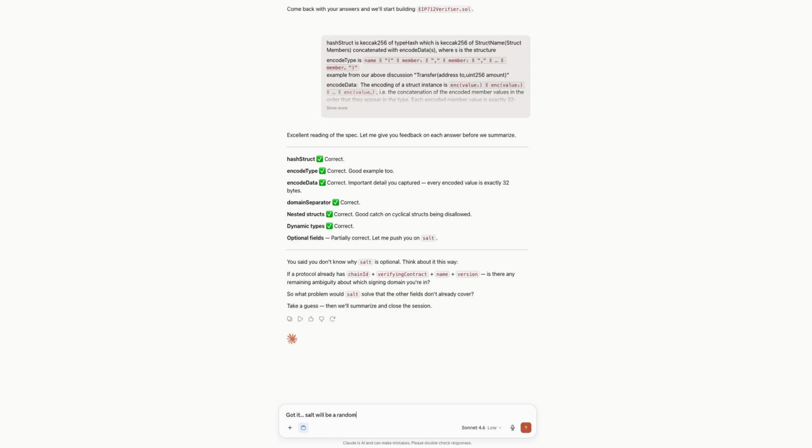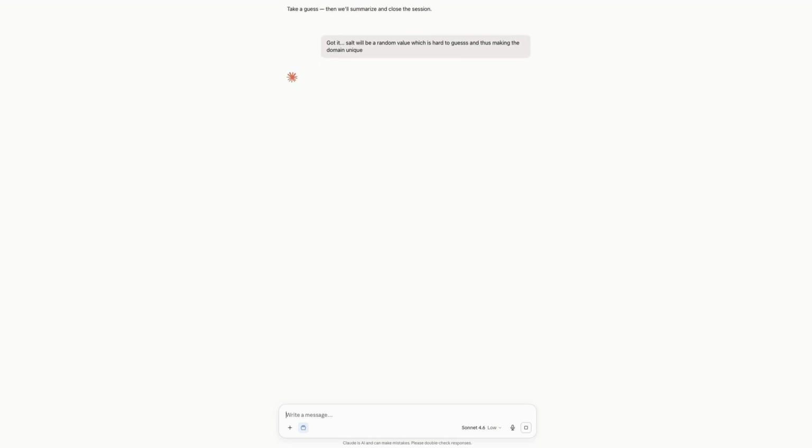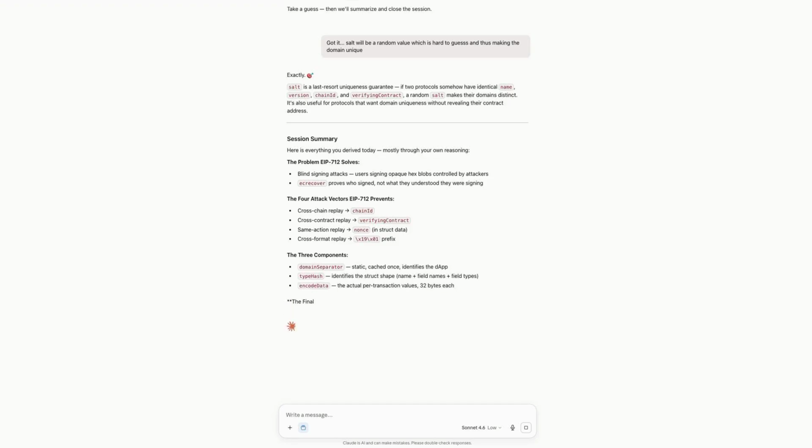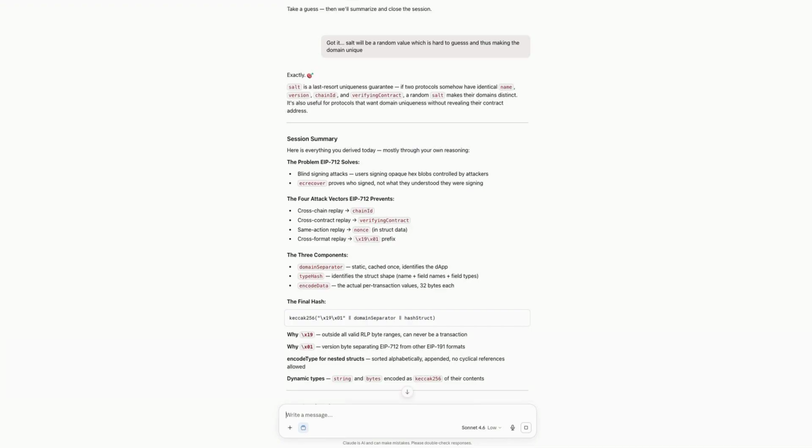Salt will be a random value which is hard to guess, thus making the domain unique. Salt is a last resort uniqueness guarantee if two protocols somehow have identical name, version, chain ID and verifying contract. A random salt makes their domains distinct. It's also useful for protocols that want domain uniqueness without revealing their contract.